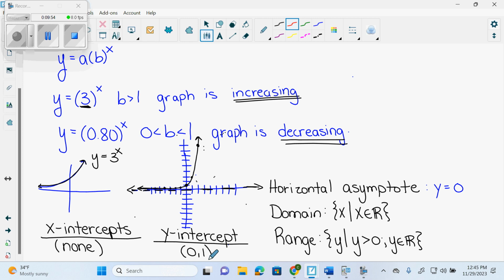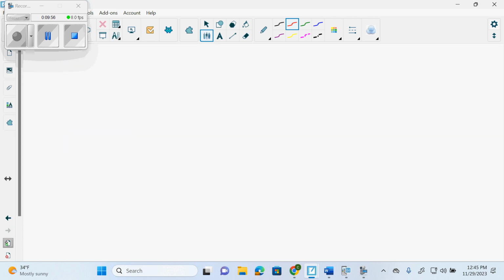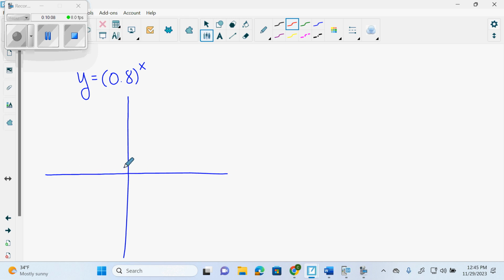I want you guys to sketch this now. Y equals 0.8 to the x. I want you to draw the graph accurately, so sketch it.